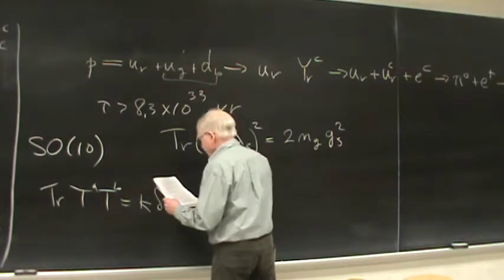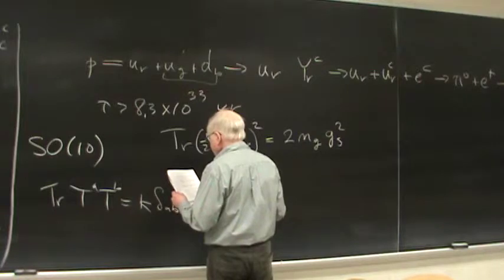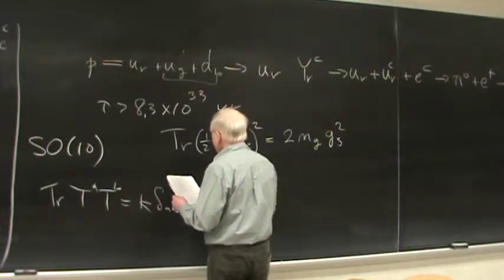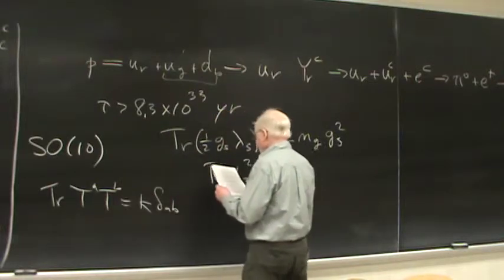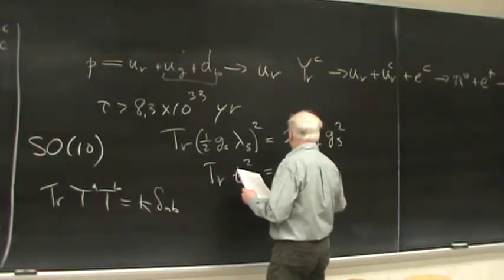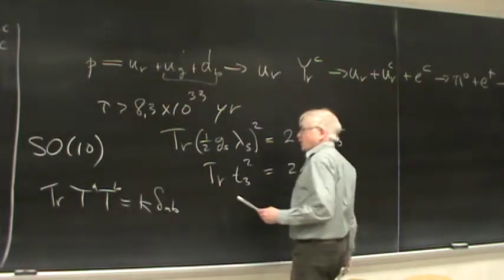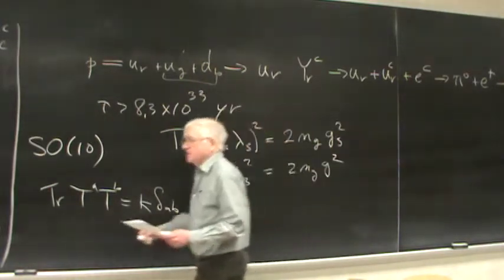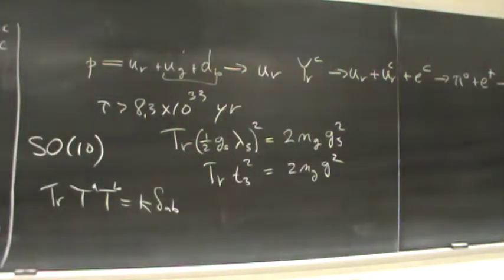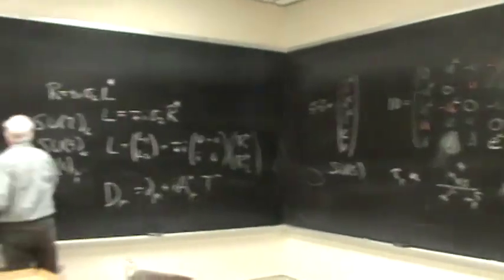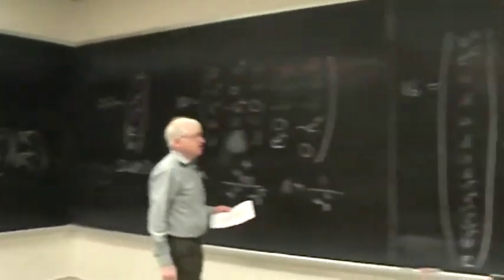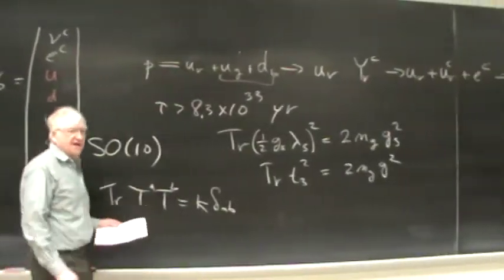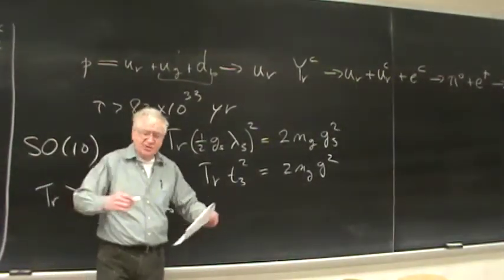And then for the SU2, it's trace of what he calls T3 squared, and this turns out to be 2 N_G g squared, where g is the coupling constant. In other words, the coupling constants here are g, g_s, and g prime. And what we want to do is see if we can have one coupling constant in this group that was unifying everything.